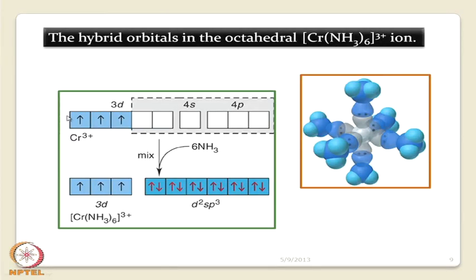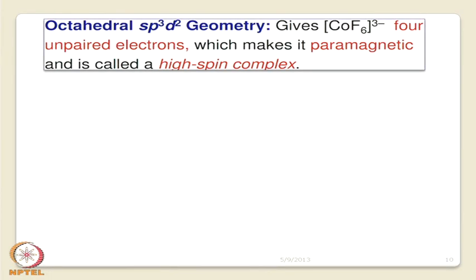So, both of these are possible, and the other one is sp3d2 hybridization, which can give the corresponding cobalt compound, a hexafluorocobaltate having 4 unpaired electrons, because all the d levels are now available for cobalt 3 for accommodating the electrons, which makes it paramagnetic and it is called a high spin compound.